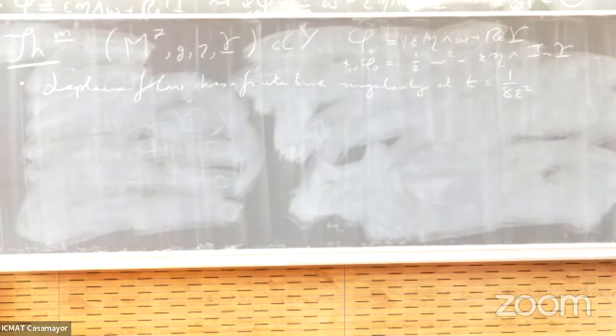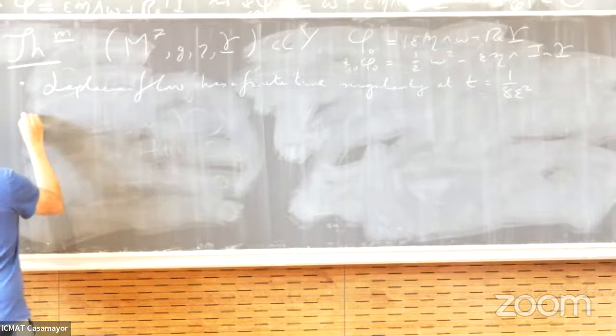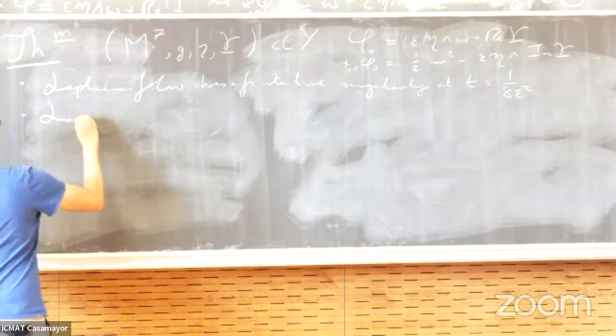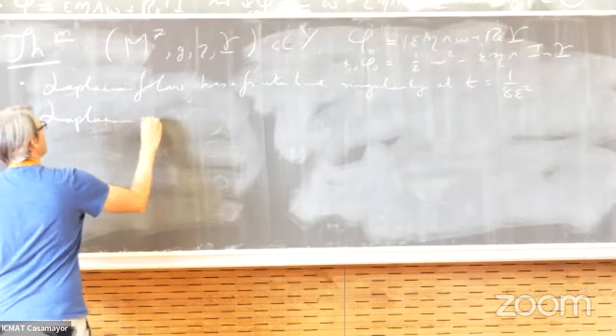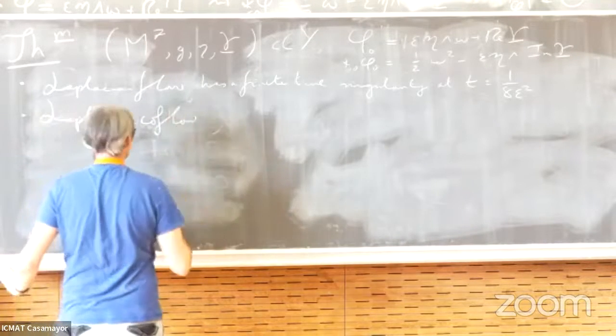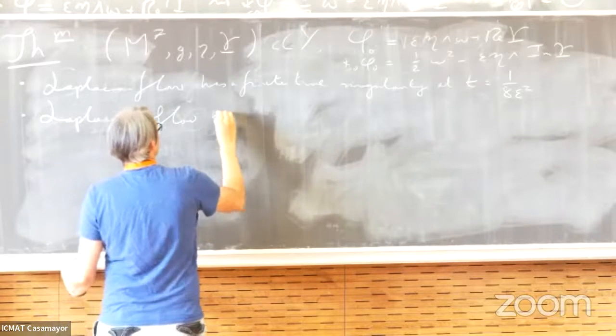The point is, if I make epsilon smaller and smaller, it exists for longer and longer. The closer I am to the Calabi-Yau, the longer this thing exists. But it always blows up at some finite time. And the Laplacian coflow, on the other hand, exists for all time.